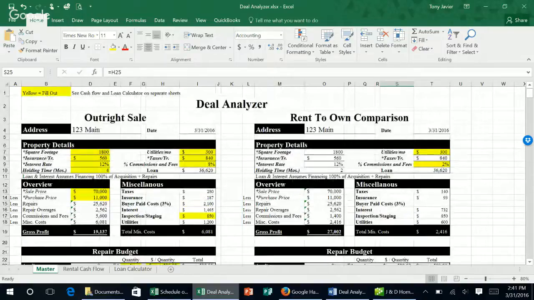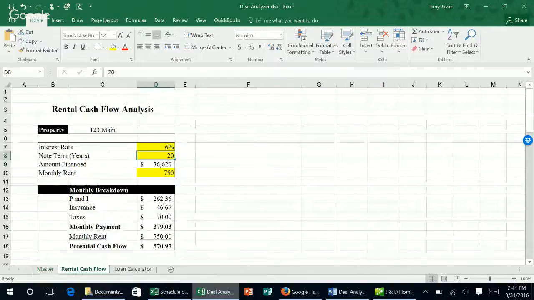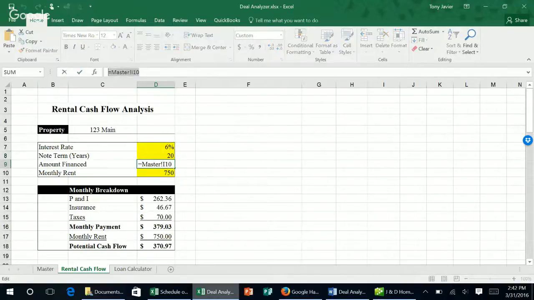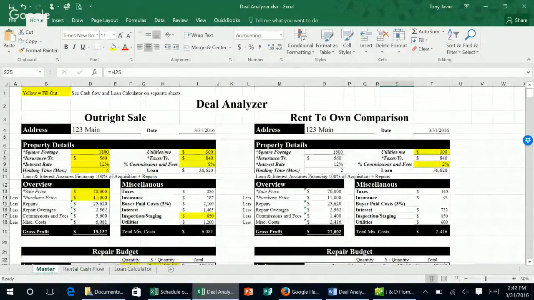So that right there is the main part of the deal analyzer. And if you decide you want to do rental properties, I'm going to show you here how to look at cash flow. So if your interest rate is 6% on this type of deal, and you're doing it for 20 years, this number right here, you see, populates from over here.